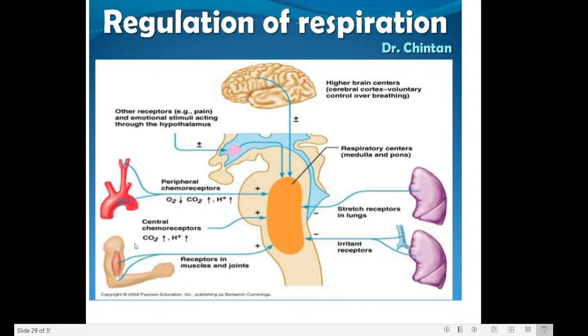Central chemoreceptors respond to higher CO2 and hydrogen, and peripheral chemoreceptors respond to low O2 and high CO2 and high H. All these things happen in respiratory regulation, and other receptors make pain alerts. Overall, this is the step-by-step process of the regulation of respiration, activated by the brain, peripheral chemoreceptors, central receptors, muscle receptors, irritant receptors, stretch receptors and the respiratory pons.